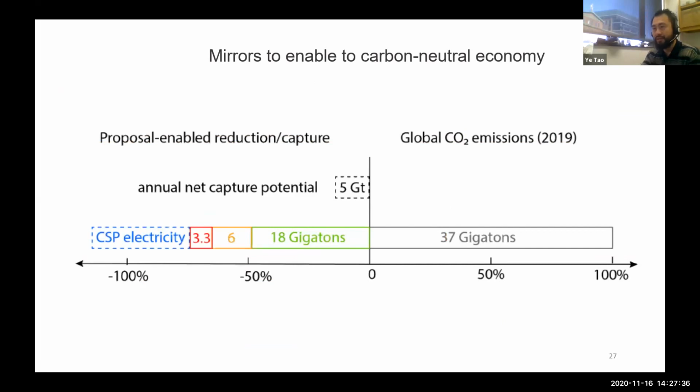So overall, this scheme alone allows 75% of CO2 emissions to become carbon neutral. And if the mirror infrastructure is, in addition, used to produce electricity by concentrating solar thermal, then we have actually a net drawdown potential without sacrificing fossil fuels, because it's simply made to be a closed cycle.